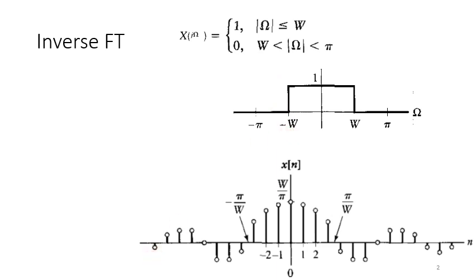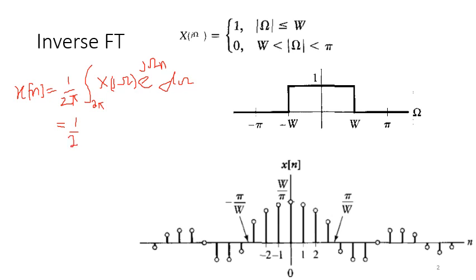To find the Fourier inverse, we use the synthesis equation. So this is the equation for the inverse. The signal is 1 from minus W up to W, and we have e to the power j omega n d omega.